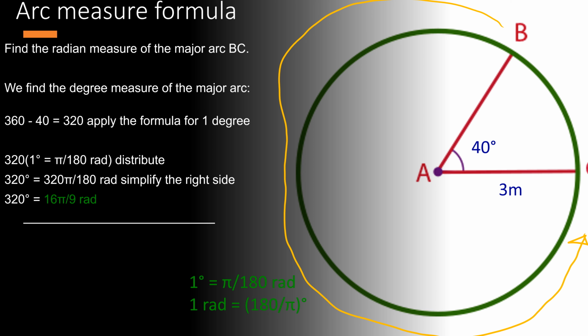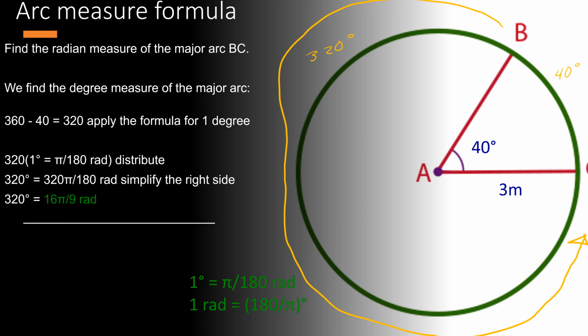I know this is 40 degrees, and my central angle measure is going to equal the intercepted arc measure. If I take 360 minus 40, I get 320 degrees. So that's the measure of this major arc from B to C.